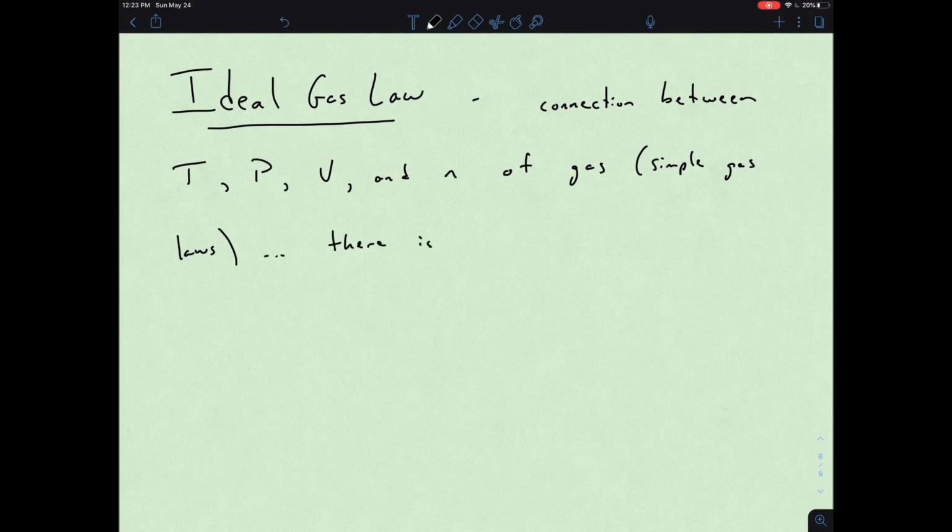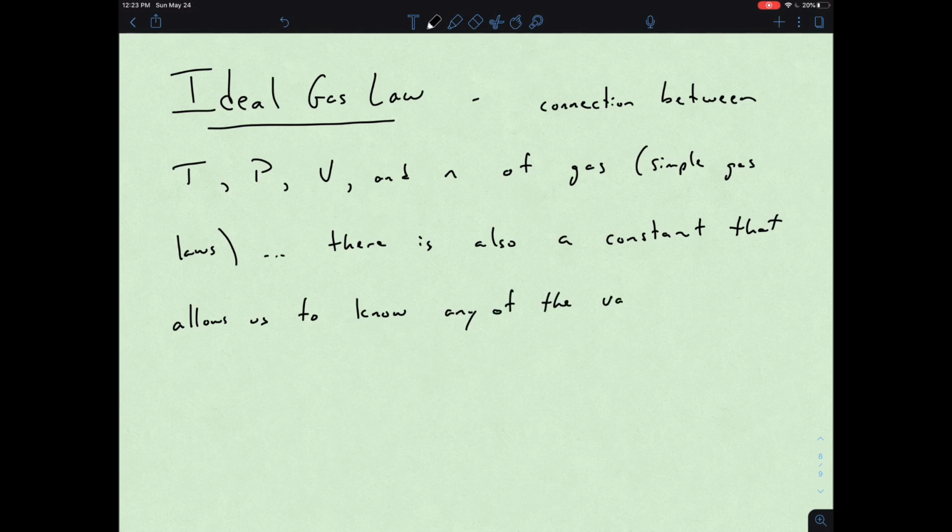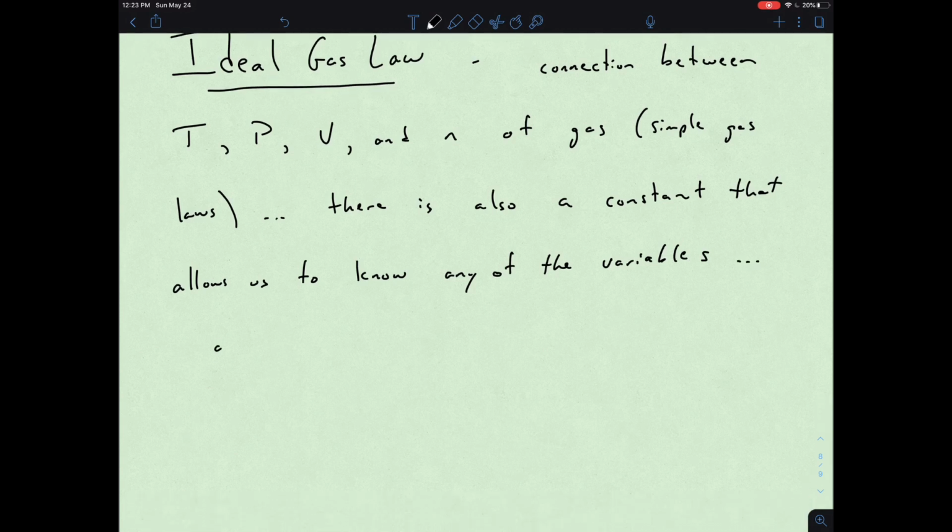There is also a constant that allows us to know any of the variables. So if we think about STP, which is standard temperature and pressure, we're at 273 Kelvin and 1 atmosphere.